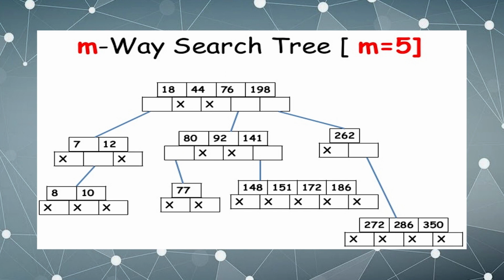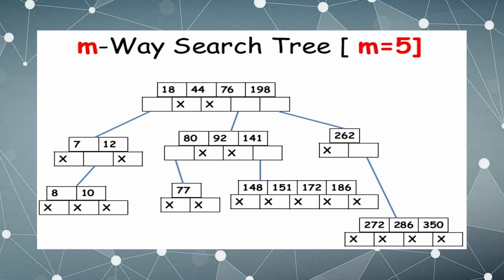In the same way, 77 is connected as the left child of 80. 148, 151, 172, 186 are all greater than 76 but less than 198, so they should be connected between 76 and 198. Here we already have three items, 80, 92 and 141, and these new items are all greater than 141.